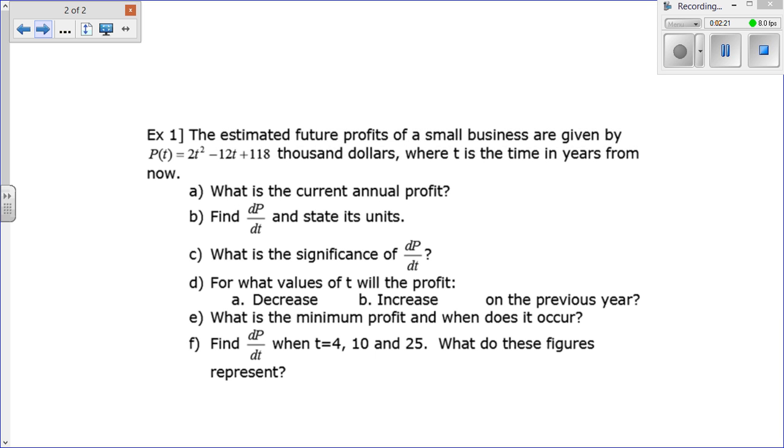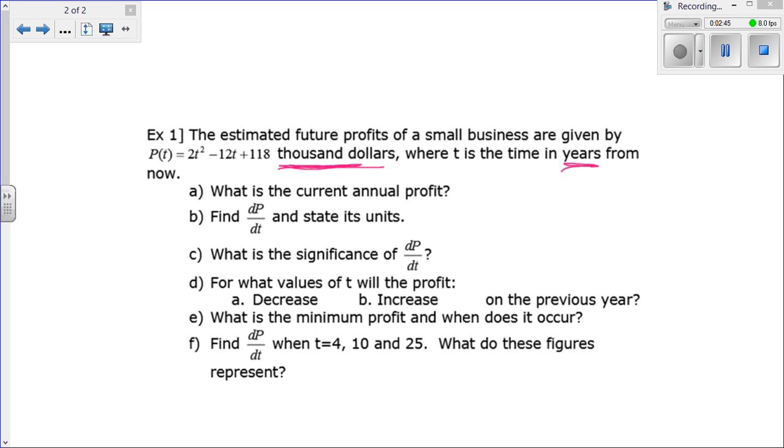The estimated future profits of a small business are given by P of t equals 2t squared minus 12t plus 118, in thousands of dollars, where t is the time in years from now. So those are things that are important to us. What is the current annual profit?